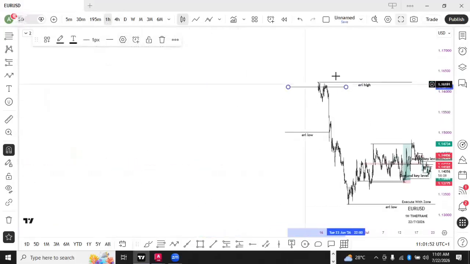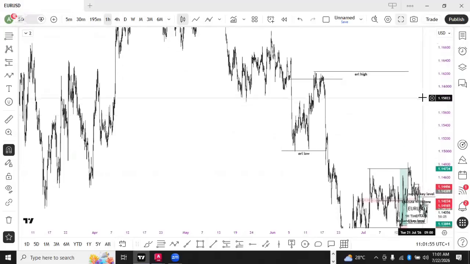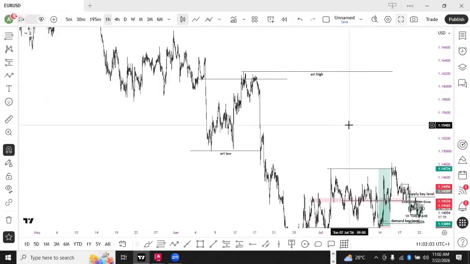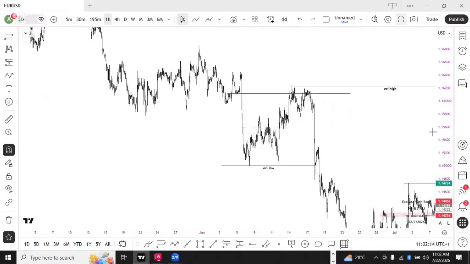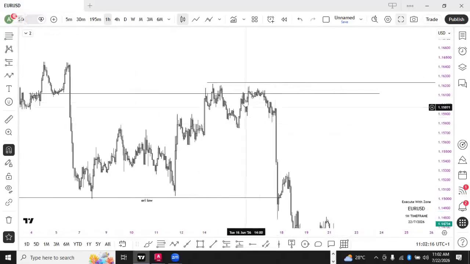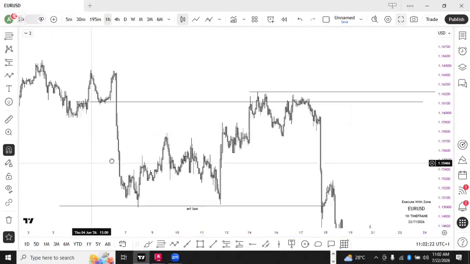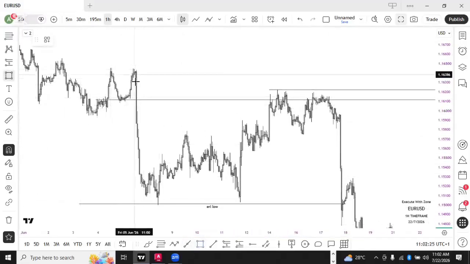I now want to see, did it sweep liquidity, or did it rebalance a particular imbalance? That's one of the two I want to see. Either it rebalanced a particular large fair value gap, or it swept a previous liquidity before breaking. So in this scenario here now, I can't actually see a valid liquidity that was being swept, but it actually rebalanced this large imbalance here, this impulsive move.